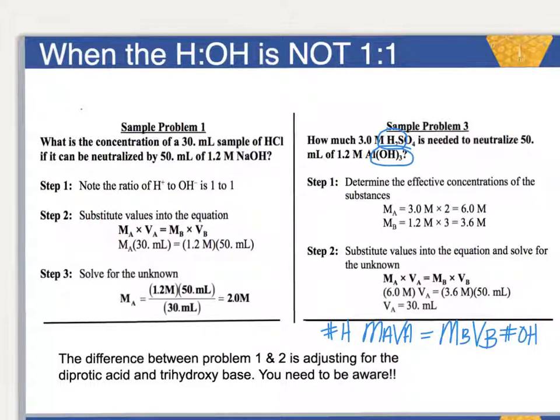So how I would set the formula up would be 2 H's times the molarity of the acid, which is 3, times my volume, which I don't know, equals the molarity of my base, which is 1.2, times the volume of my base, which is 50, times 3 for my OH's, and solve that way. Whatever is easier for you, but you have to realize that when your H to OH ratio is not 1 to 1, you need to do something slightly different.